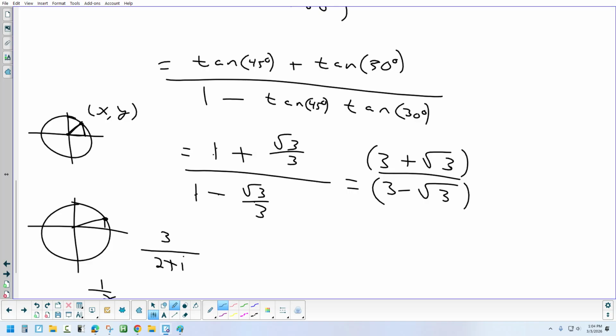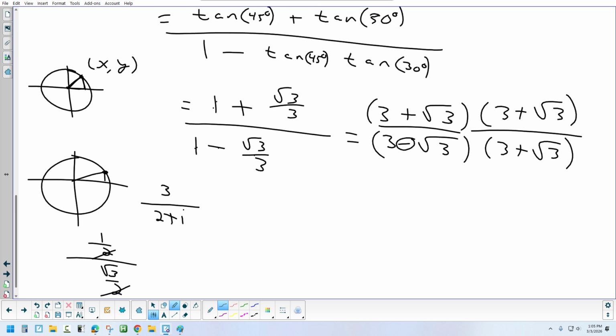Yep, multiply by the conjugate. Whenever you multiply by a conjugate, it's going to cancel out what you don't want. So we're not doing i. We're going to multiply by 3 plus root 3. Okay, so let's do that out, and hopefully we get a nice answer.